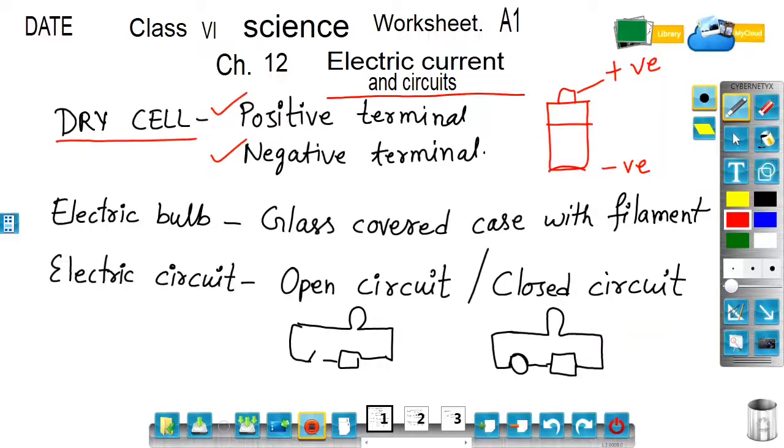If the tip of the metal cap and the base of the metal disc are connected by a wire, then electric current will flow from the positive to the negative terminal.